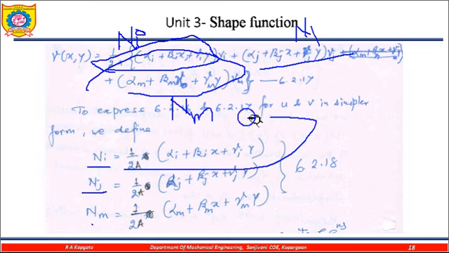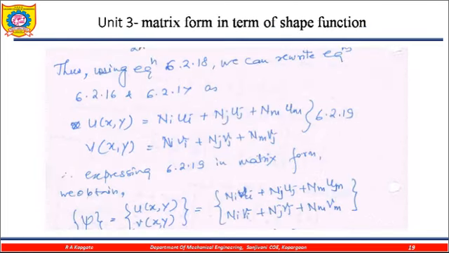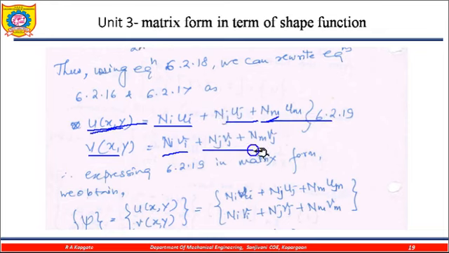So ni, nj and nm are the values of my shape functions. By using these shape functions, we can write u and v as ni ui, nj uj, nm um. Similarly ni vi, nj vj, and nm vm.